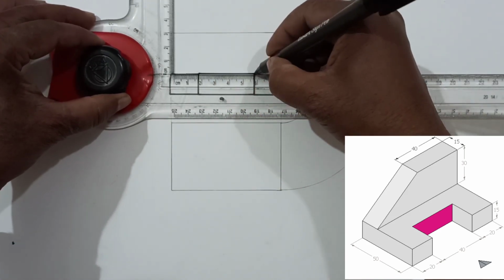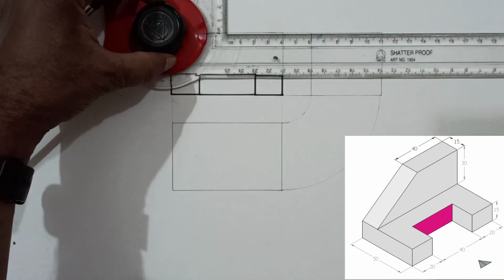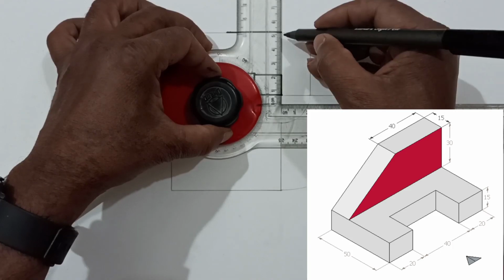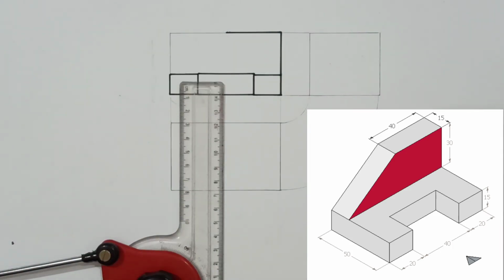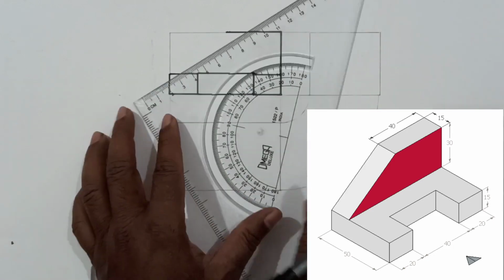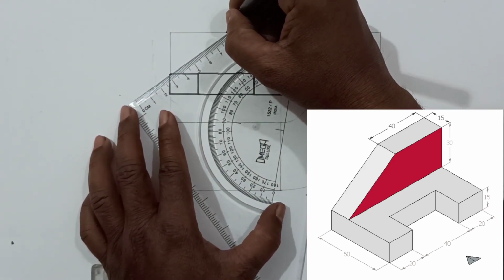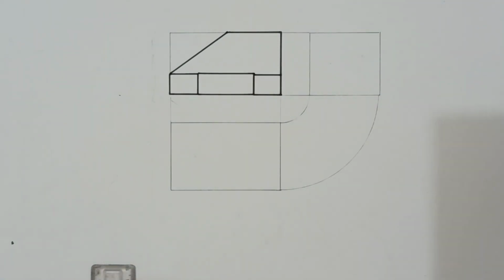Now we have to draw the middle portion rectangle which lies between these two. Now we have to draw this shape, of which height is 30 millimeter and length is 40 millimeter, and this line is an inclined line joining the 2 points in this way.